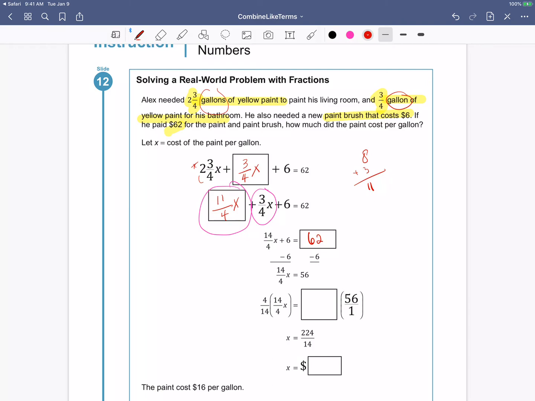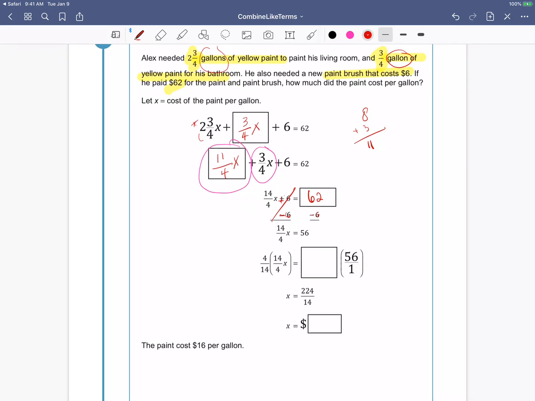Okay? Now that I have only one term with a variable, now I need to get rid of this 6. So I need to do the opposite of the addition, which is the subtraction. I subtract both sides, and that gives me 14/4 x equals 56. Now this is time for my reciprocal, right?